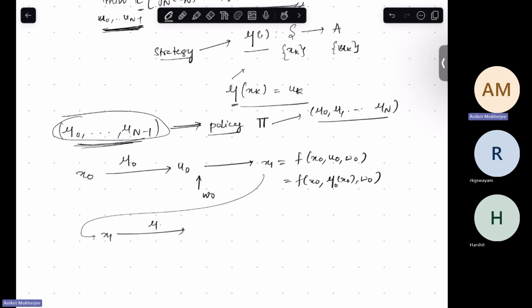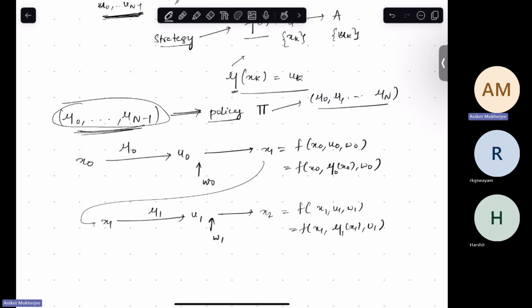You apply the strategy mu_1, you get u_1, and your system realizes a random variable w_1. You get x_2, which is f(x_1, u_1, w_1), which can also be written as f(x_1, mu_1(x_1), w_1).